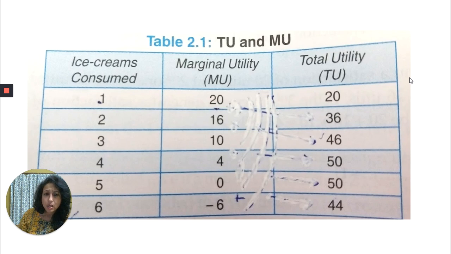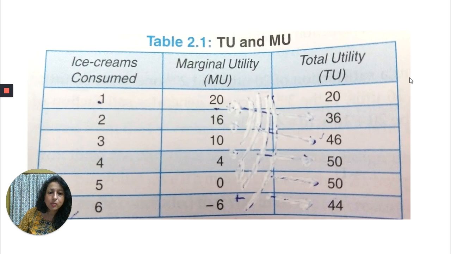So total utility is constant at the fifth unit, the same as at the fourth unit. And when we consume the sixth unit, disutility comes, minus 6, so total utility starts descending, right? If you look into this table, what will you see?